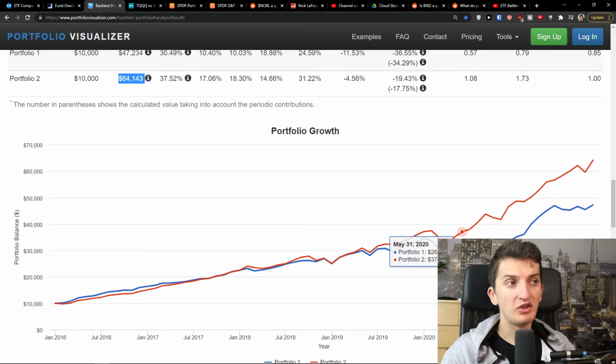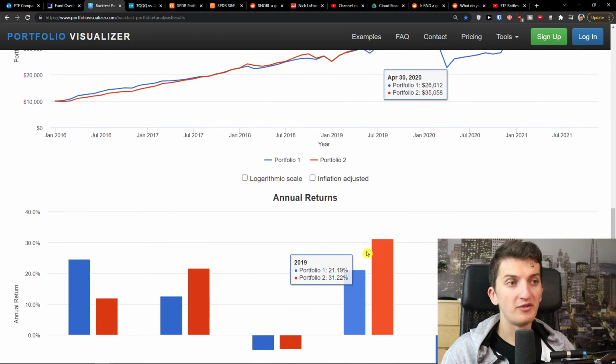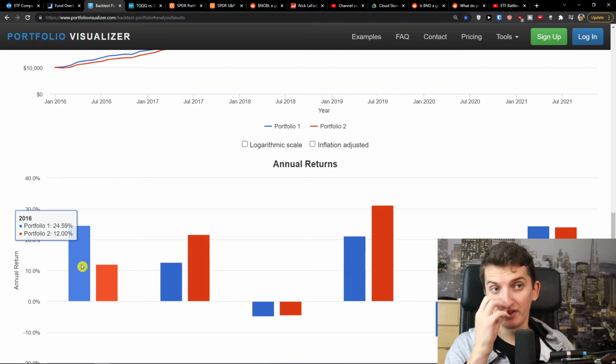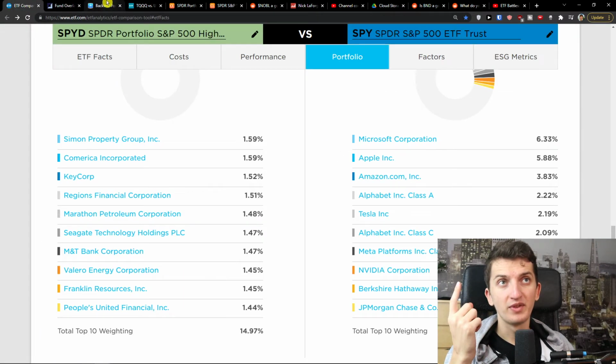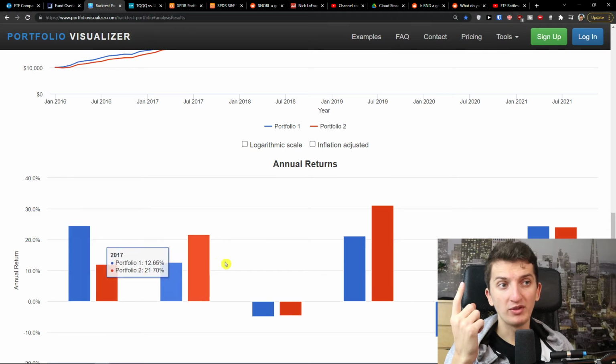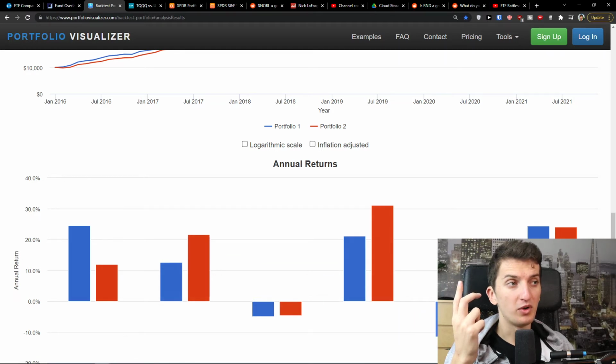You can clearly see that from 2020 SPY is outperforming. Now, when you look at the annual returns, yes, SPYD outperformed in 2016, also 2019. 2017 was worse.